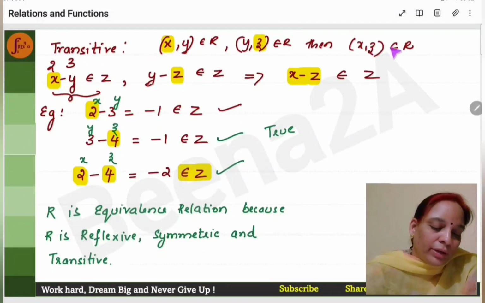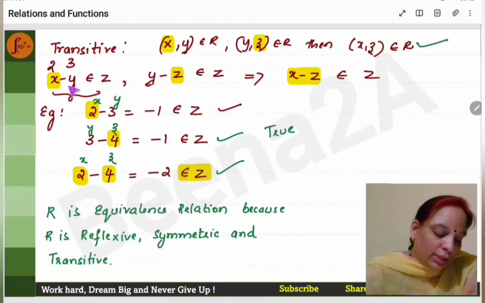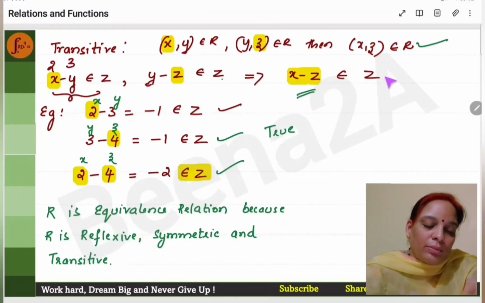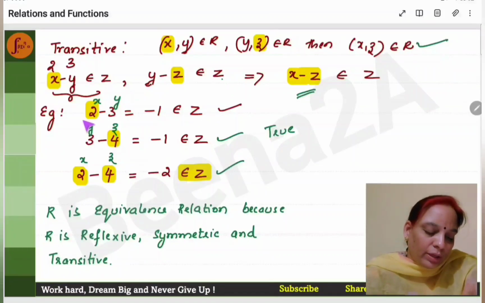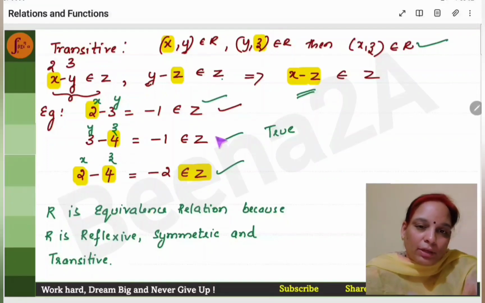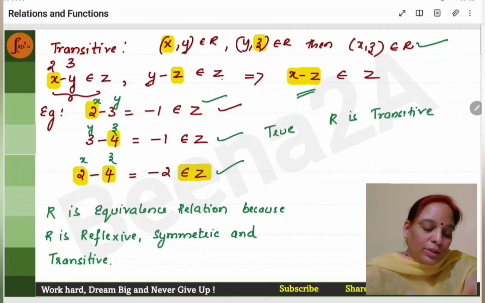You can write it in this format, or you can use this example and say, since x minus y belongs to Z and y minus z belongs to Z, this implies that x minus z belongs to Z. Therefore, R is transitive. You can also take this example and say, since 2 minus 3 belongs to Z and 3 minus 4 belongs to Z, therefore 2 minus 4 also belongs to Z. Therefore, R is transitive.